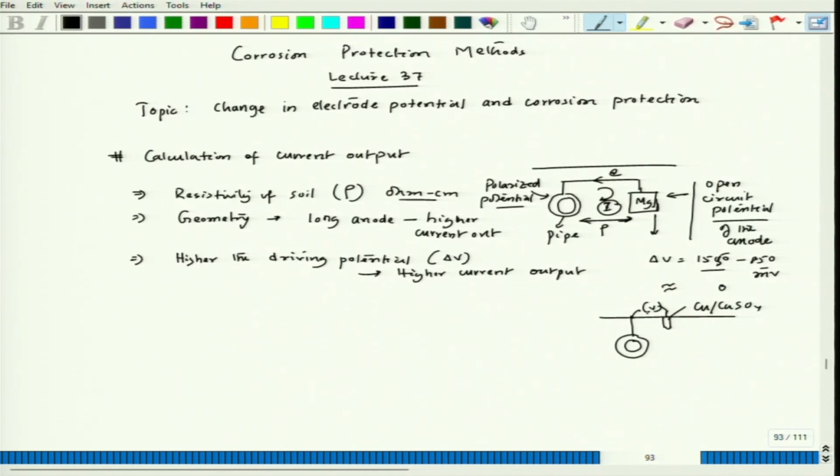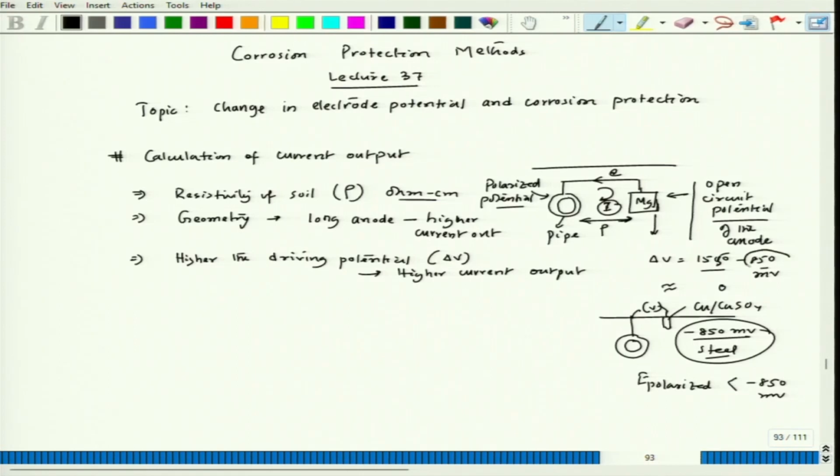As per NACE criteria, it is minus 850 millivolt in case of steel. So, if we maintain that potential or go further down, this polarized potential, E polarized, should be less than minus 850 millivolts. Further negative means it is cathodic polarization.